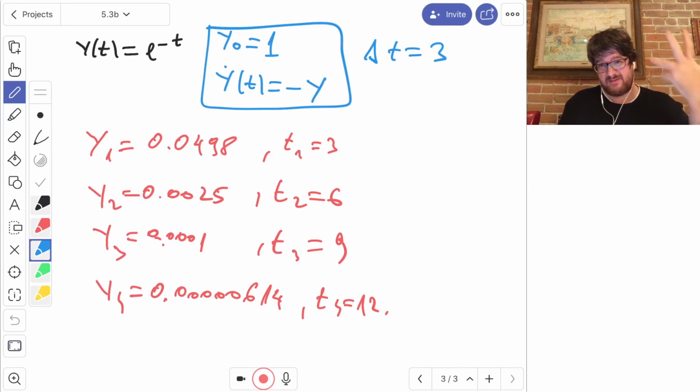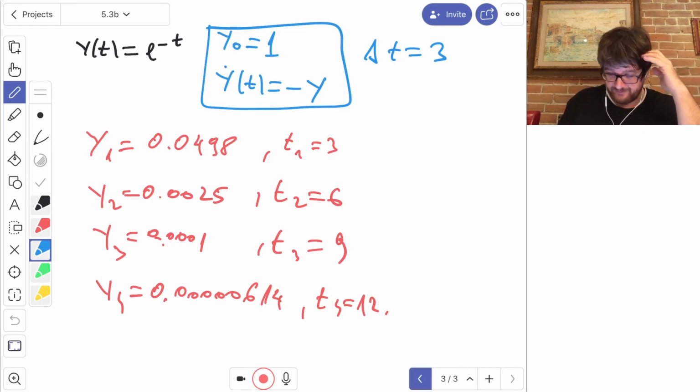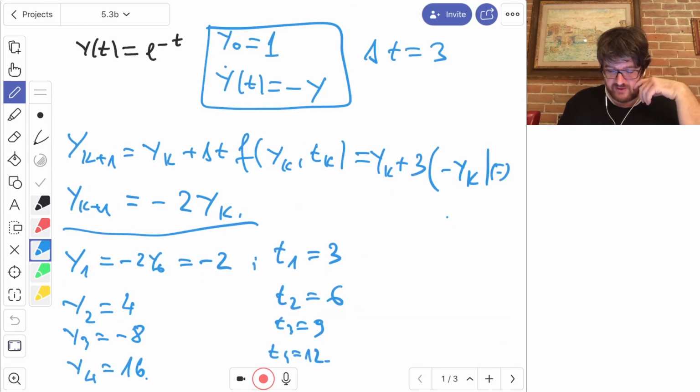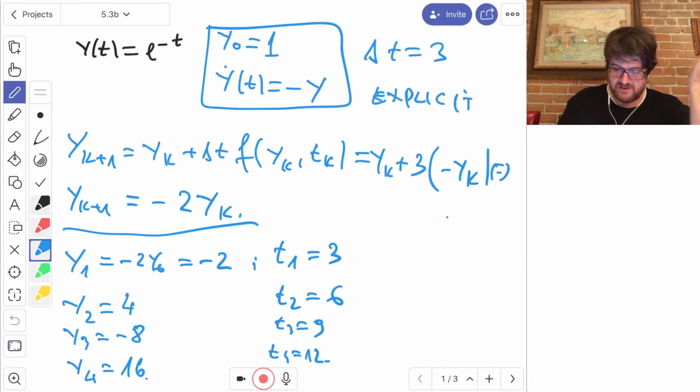So the error is still quite big, but it's nothing compared to the explicit. The explicit is minus 2, so it's way off.